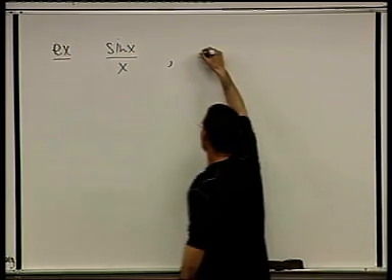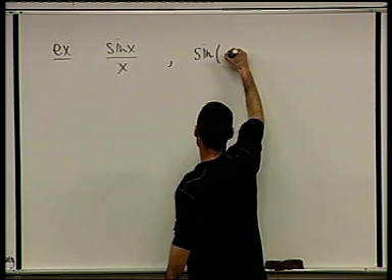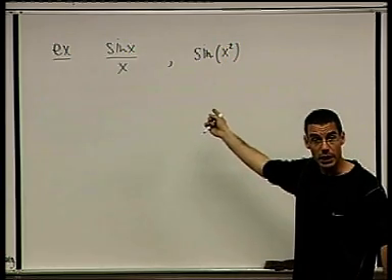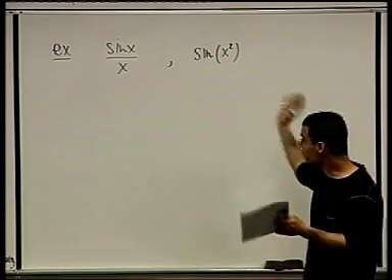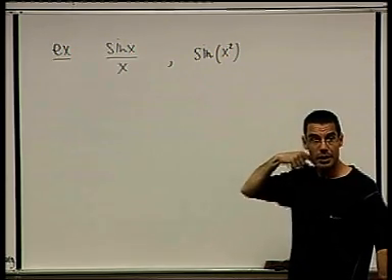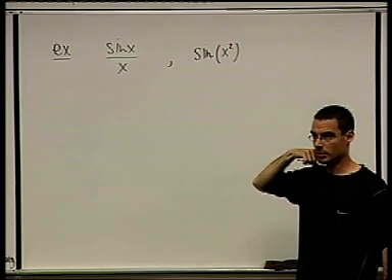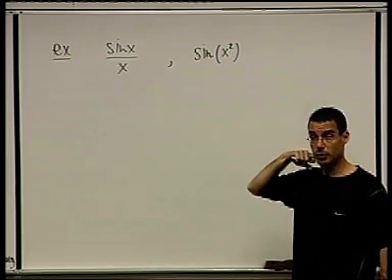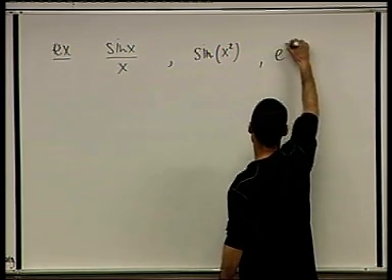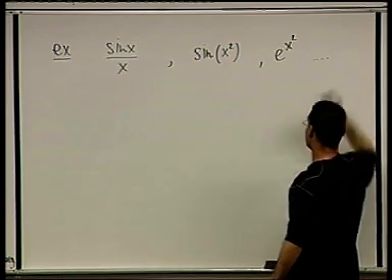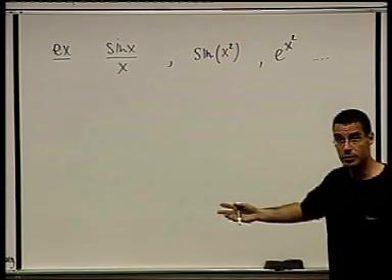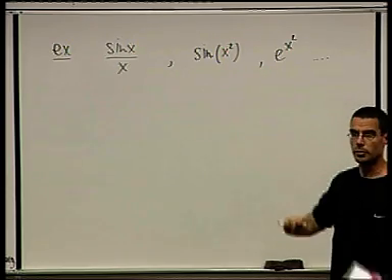Okay? And some more of these, oh, I hope I remember them correctly. I think sine of x squared. They look innocent, right? And yet they don't have elementary antiderivatives. They have antiderivatives, but we don't know formulas for them, and they don't have nice formulas. I think this one is of that form as well, and there are more. So they're continuous, therefore they have antiderivatives by the fundamental theorem, no formula.